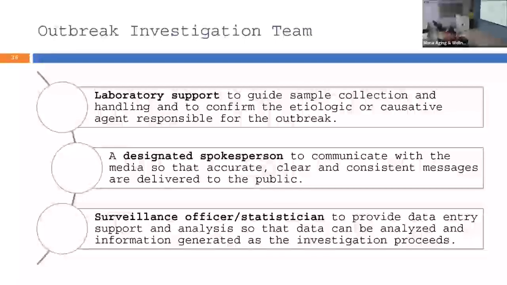We need to have a designated spokesperson to communicate with the media so that accurate, clear information goes out, and everybody is saying the same thing. You can have some advocating for vaccine and some saying no. You can have the parish saying we have 100 cases, and then the ministry saying you have 50.